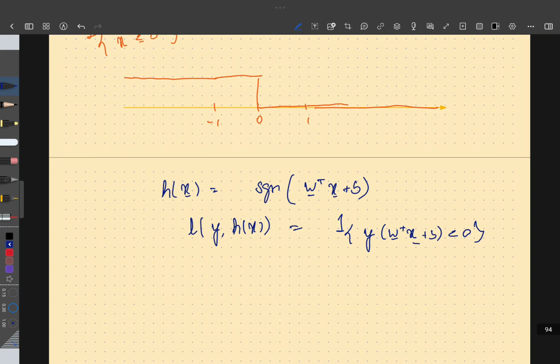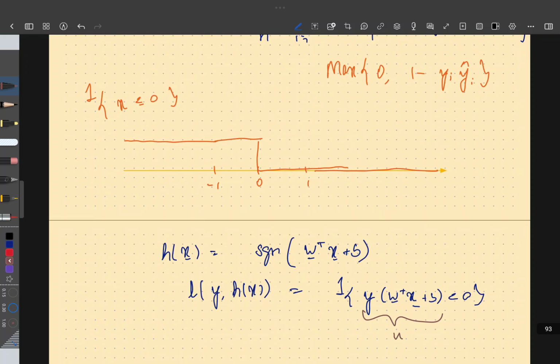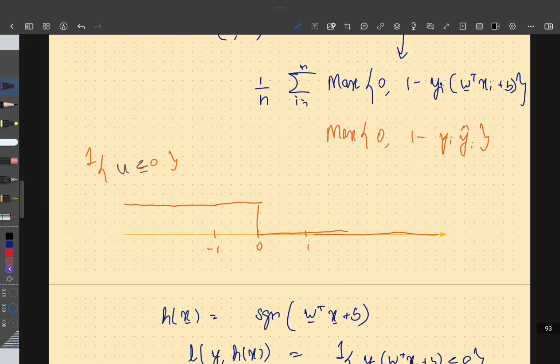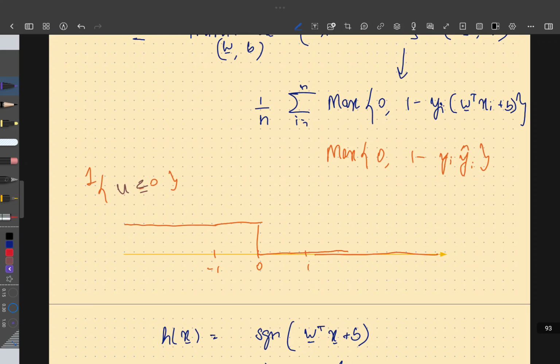Right? So I can replace this with, let's say, some other variable, maybe u. So this is the indicator u less than or equal to 0. And I can also plot the following hinge loss, which is max of 0, 1 minus u.